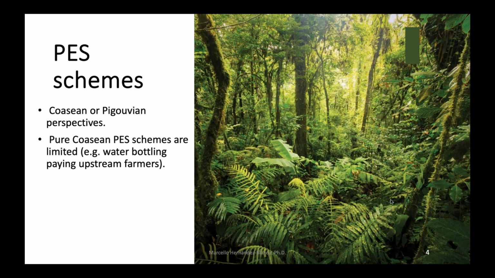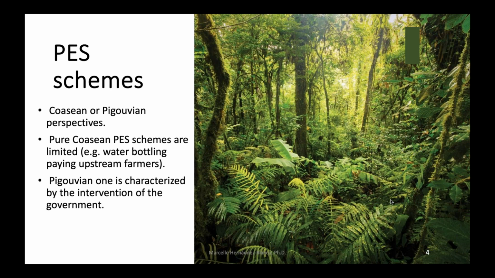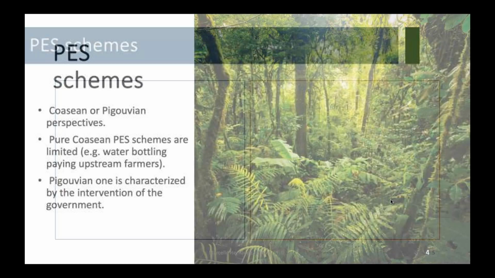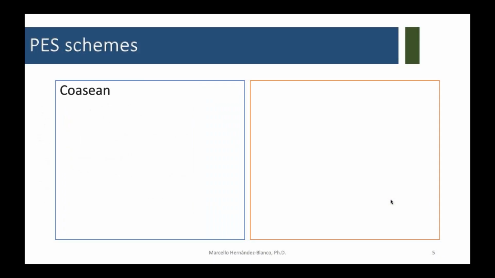So it's just a mechanism between those two parties, and it's a direct exchange between them. On the contrary, the Pigovian one is more characterized by the intervention of the government. That's the big majority of schemes that we have right now, as well as the Costa Rican one. And this is, I think, the last slide that I'm going to present with theory.